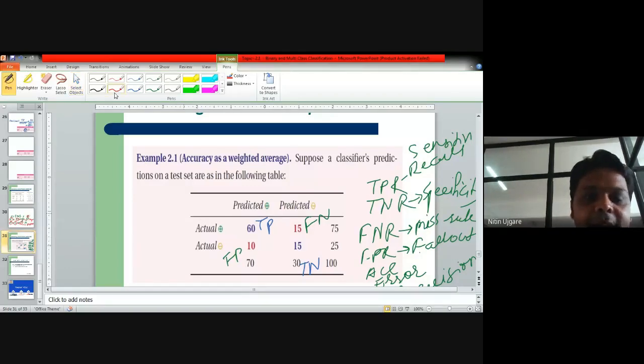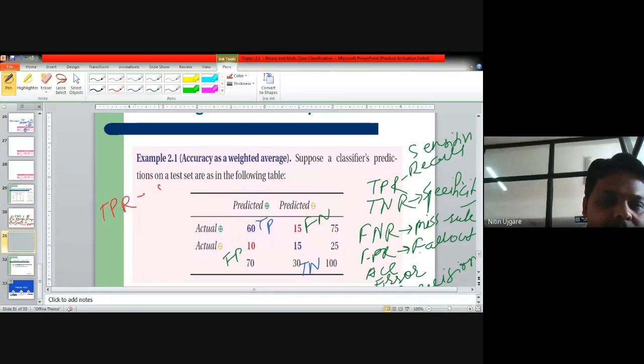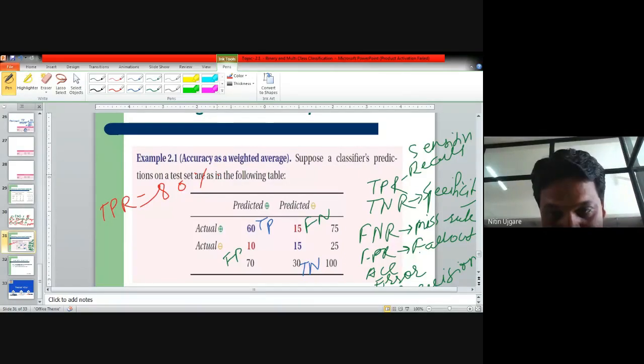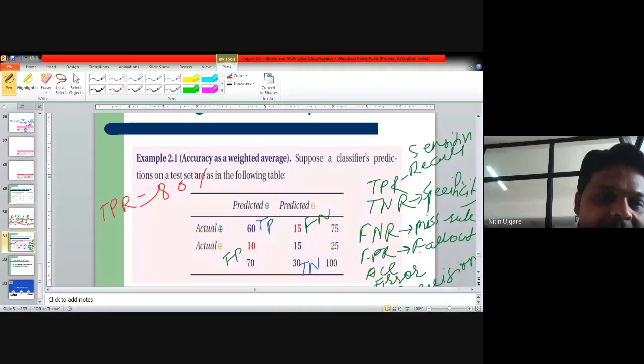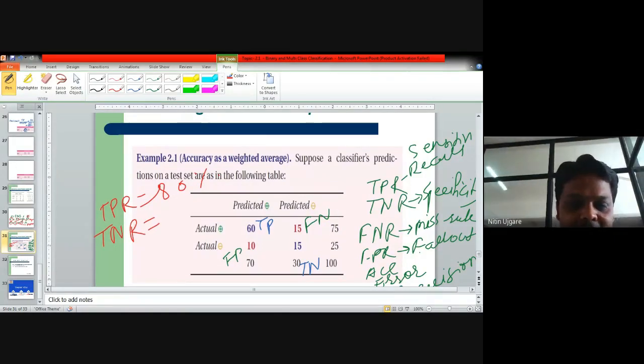So the TPR is actually 80%. TNR, true negative rate, is 60%, right?